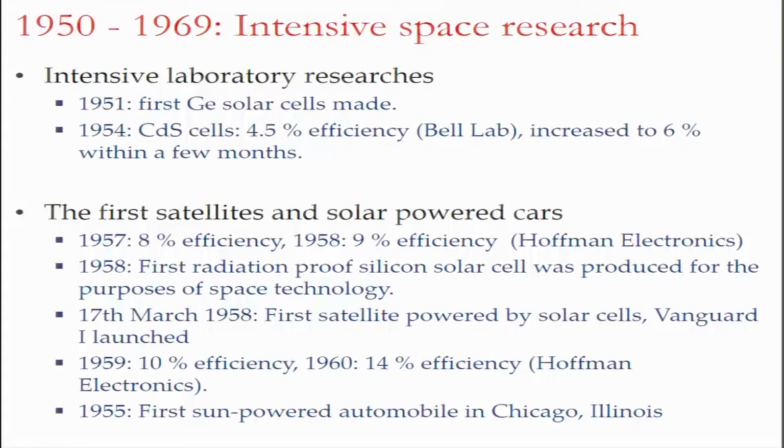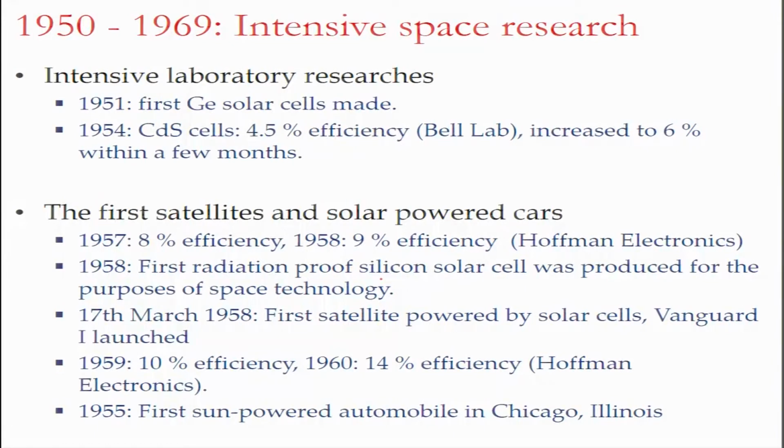So, there was a lot of effort on making high efficiency solar cells so that satellites could remain powered up in space. In 1951 the first germanium solar cells were made, and in 1954 cadmium sulfide solar cells were made with 4.5% efficiency, which was increased to 6% in a few months. And then in the 1950s we had solar powered cars and satellites. 1958 was the time of the first radiation proof solar cell.